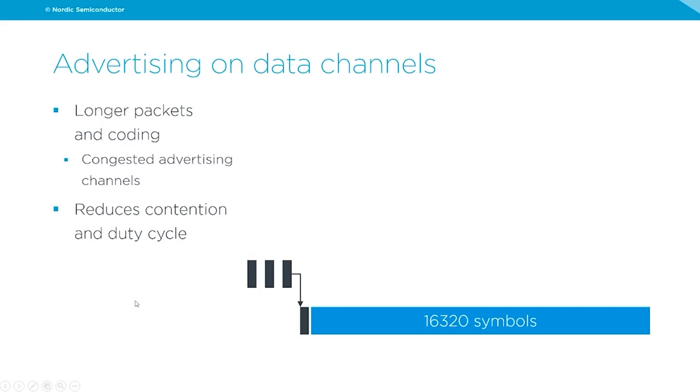So it's very important to have this feature so that we can switch to one of the 37 data channels to transmit the advertising data. By having this, we can reduce contention, the competition for resources, and can reduce the duty cycle.